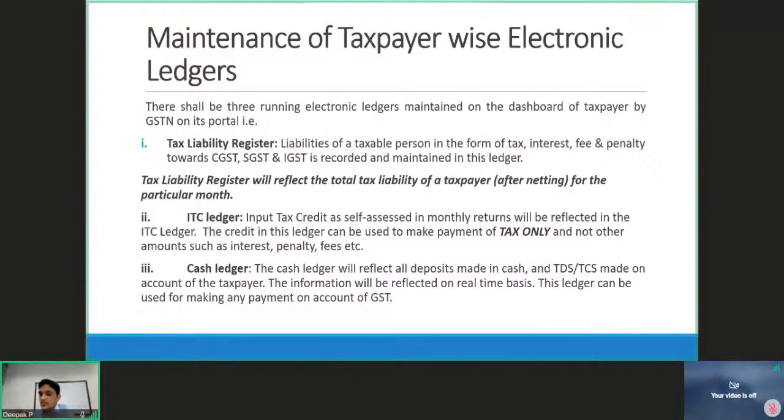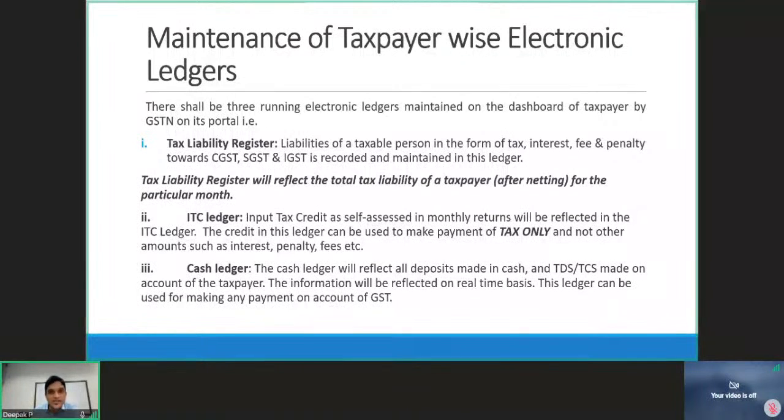Okay, there is something called self-assessment. The present GST follows the principles of self-assessment, wherein when you make any sale and when you make any purchases, you yourself will have to declare that in your monthly returns. The government will not come and ask you for every sale and purchase, give me the bill immediately, I will approve it.